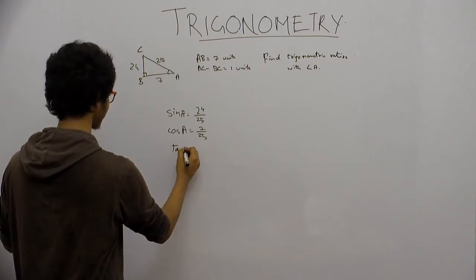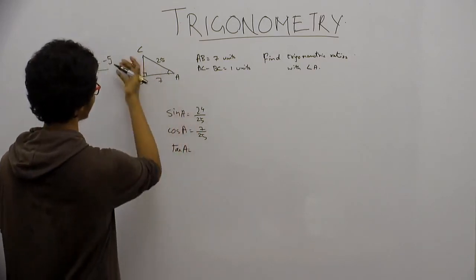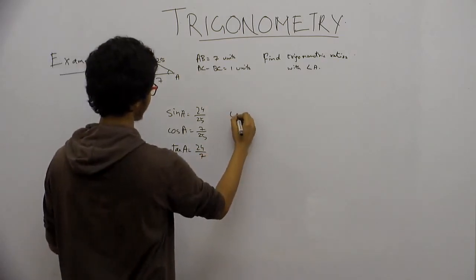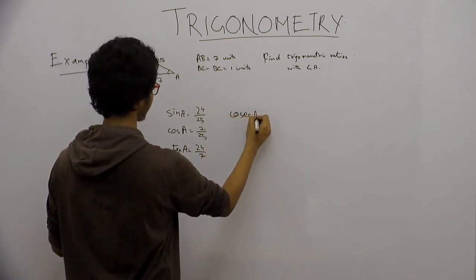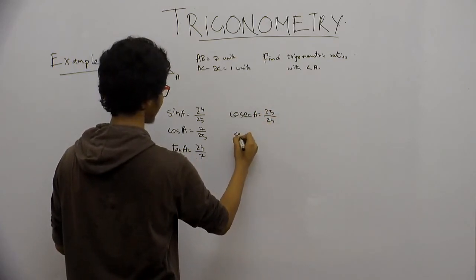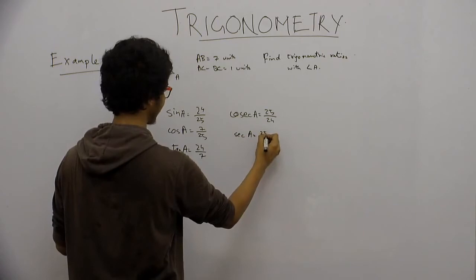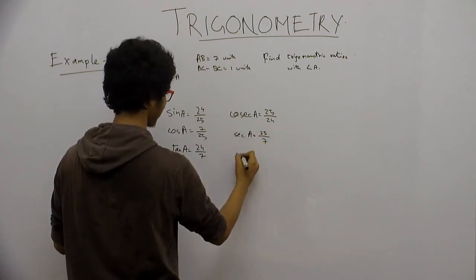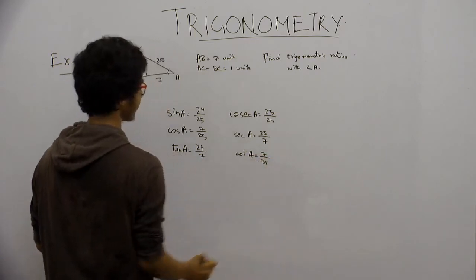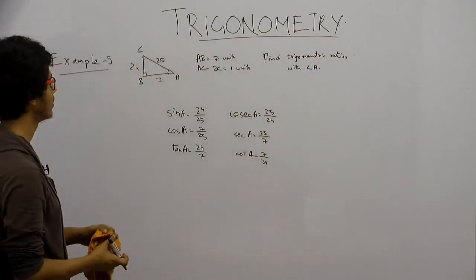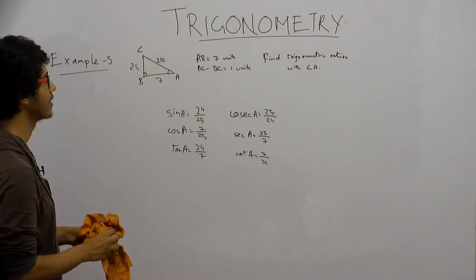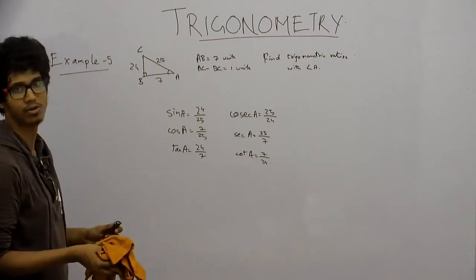Tan A will be opposite by adjacent, so 24 by 7, and the reciprocals: cosec A will be 25 by 24, sec A will be 25 by 7, and cot A will be 7 by 24.